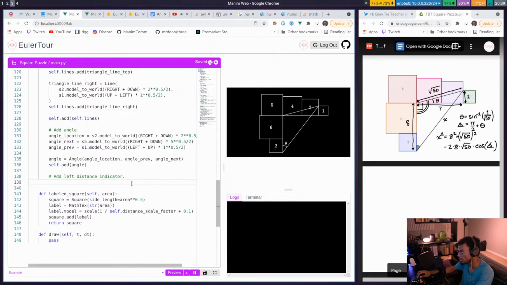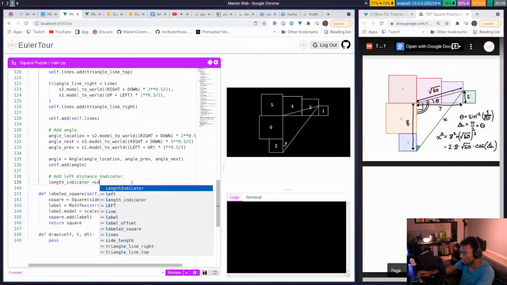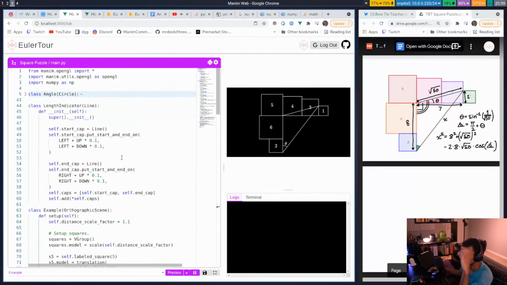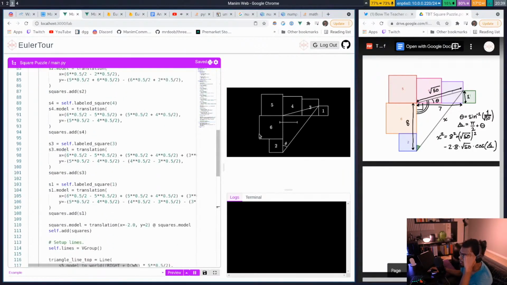I can say length indicator equals this. Okay, so it's just like that, but without a put start and end on.